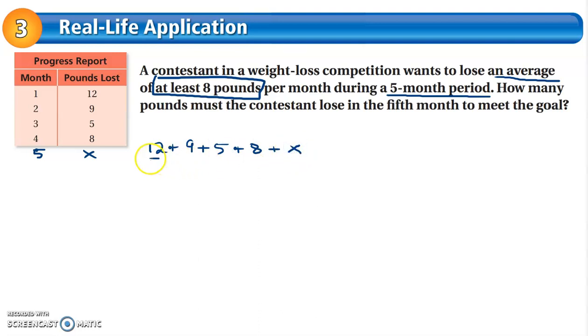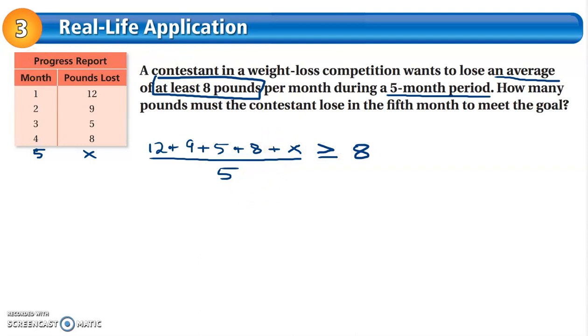So plus x divided by how many values are there? 1, 2, 3, 4, 5. That's correct because it should be a 5-month period. So 5 at least. At least means that much or more. So greater than or equal to 8 pounds.